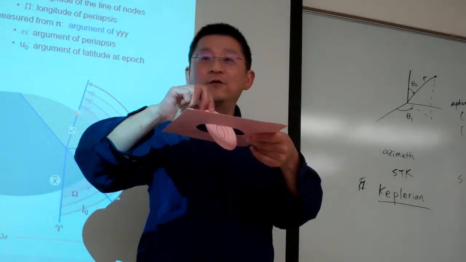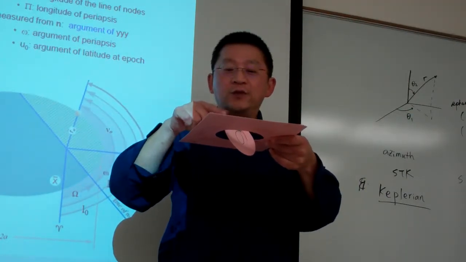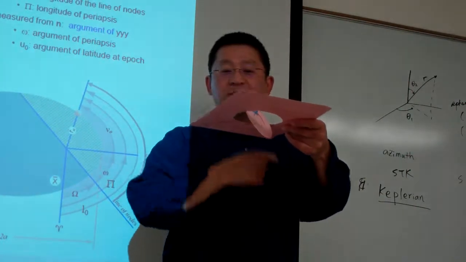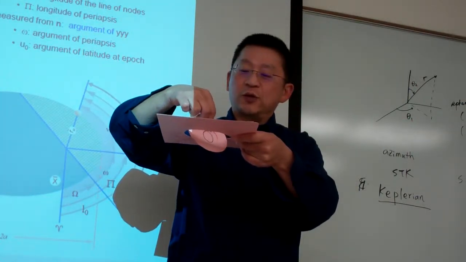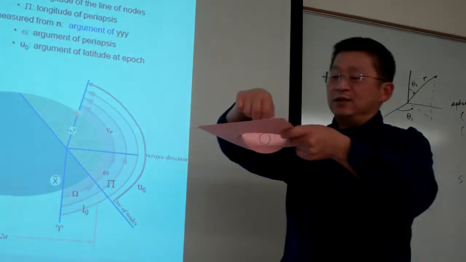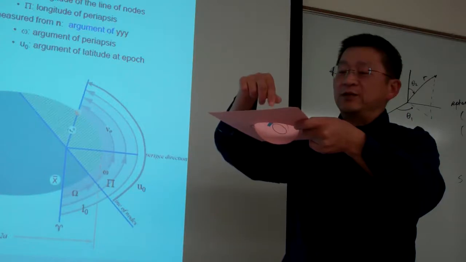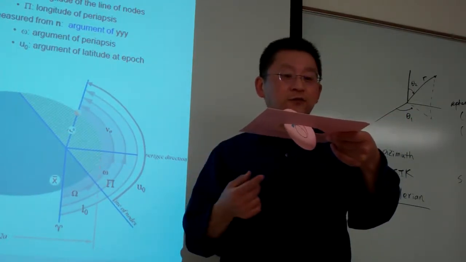Got it? So for satellite 1, once we launch it, the satellite may be surrounding Earth in this kind of orientation, just keep going, and the size is determined by this one. Or in the same orbital element, the orbit may be in this way. You got it? So that's the degree of freedom.